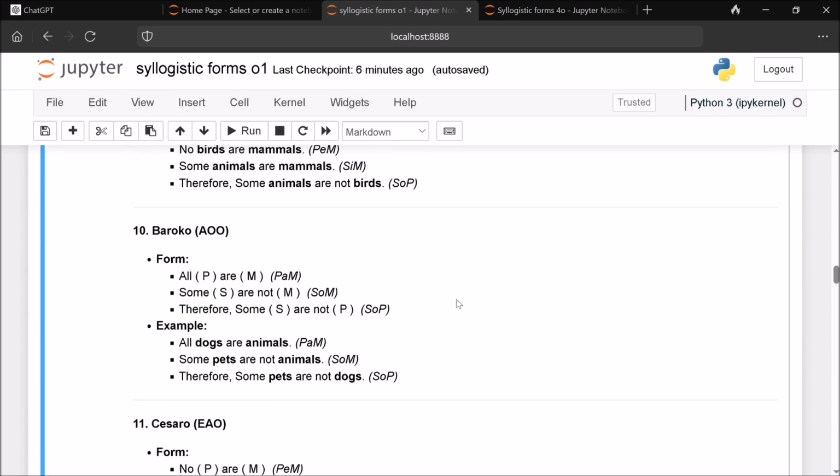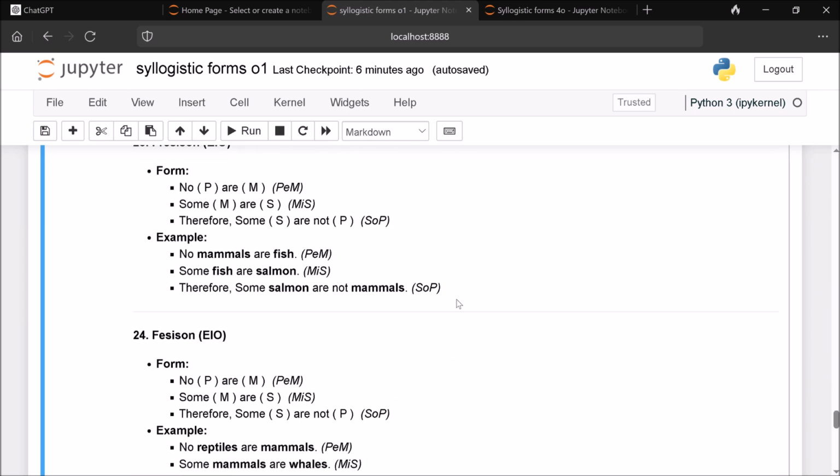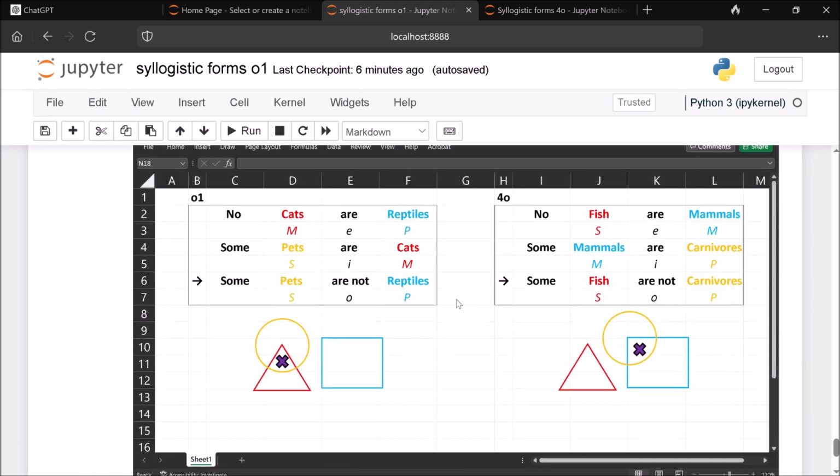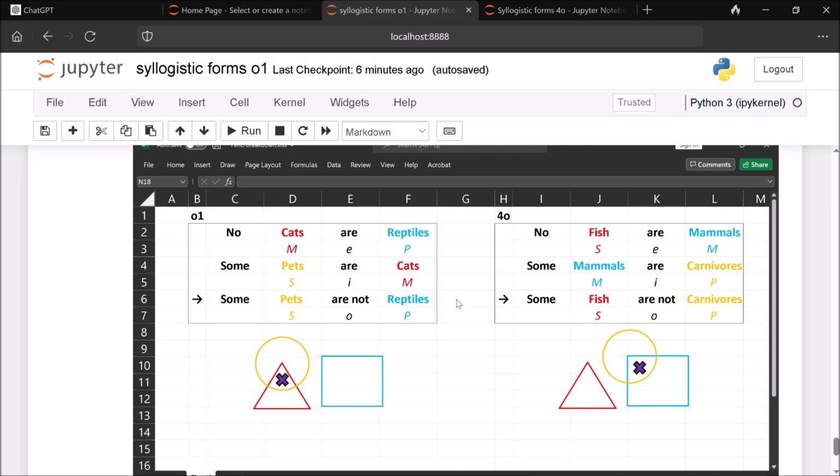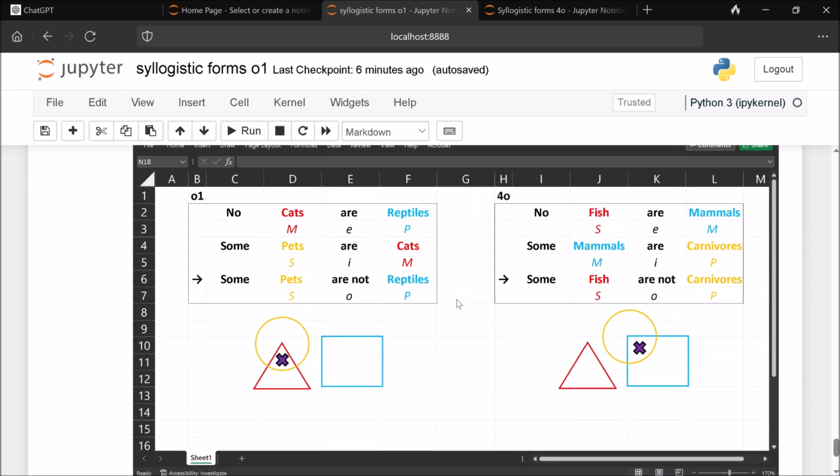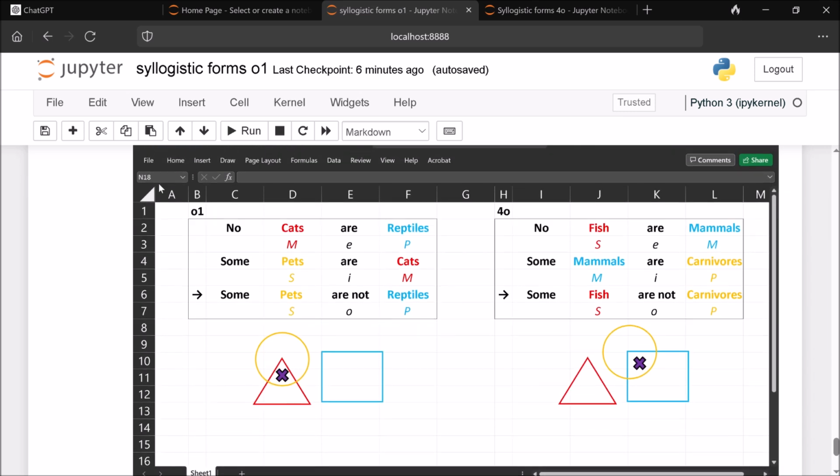To make this comparison a little bit easier for myself, I made this table, which I've posted a screenshot of here. Again, I'm not a logician, I'm not a philosopher, I'm just interested to better understand these figures.